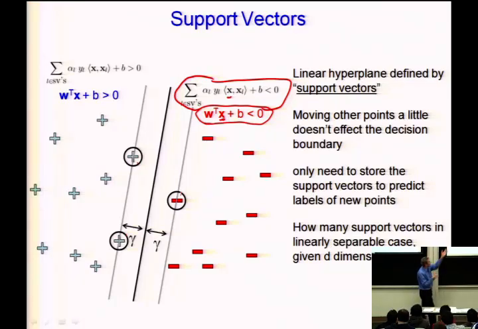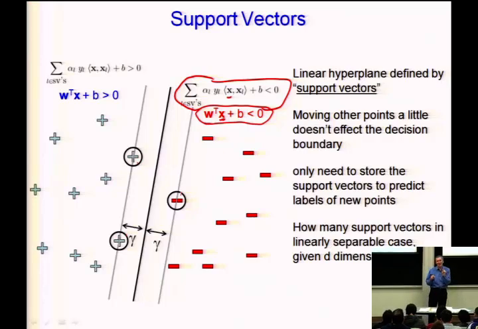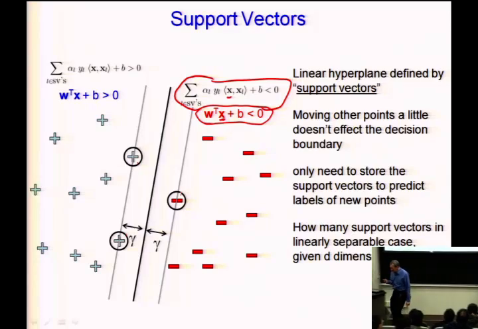Instead, I'm going to find that all the alphas are 0 for all of those training examples except for 3 of them. And all I will really need to do to test my new example is take the dot product of the new example with each of those 3, multiply them by their non-zero alphas, and use those. So this is a neat property.